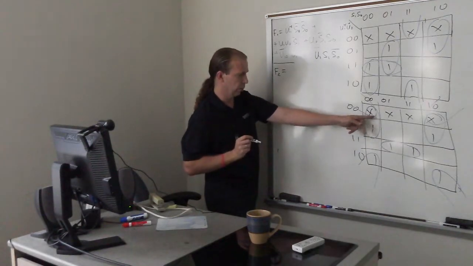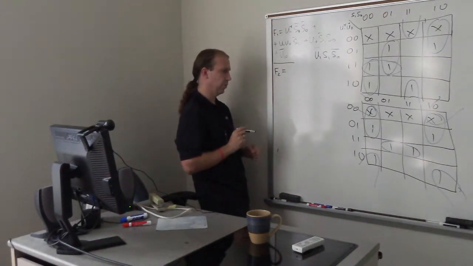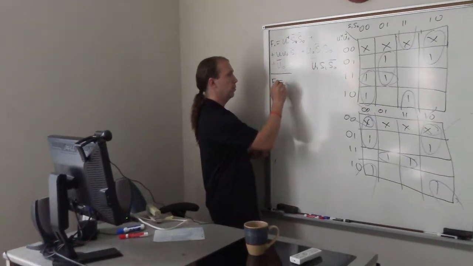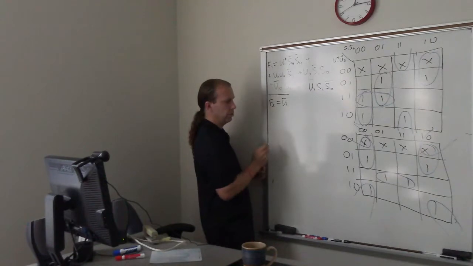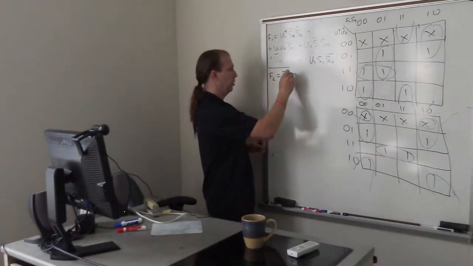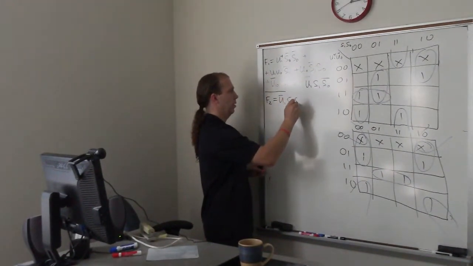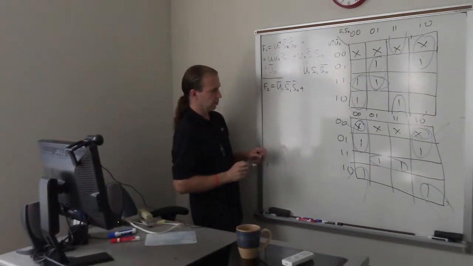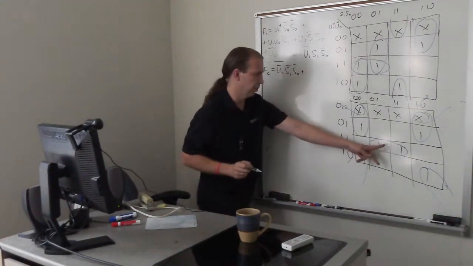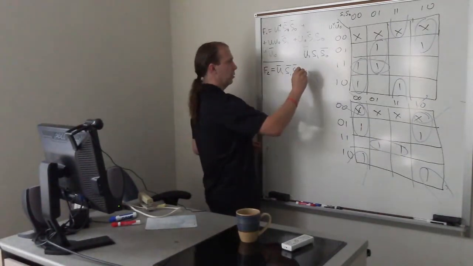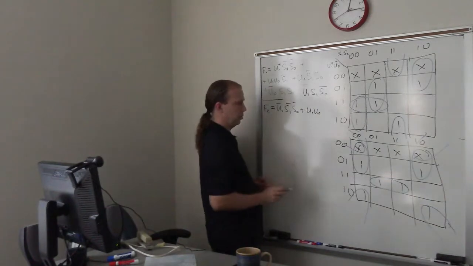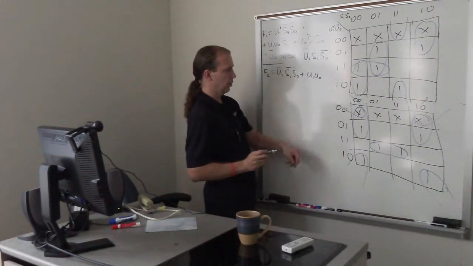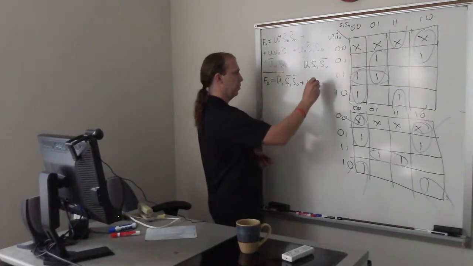Let me start from this small cluster in the top left corner. So it will be U1 inverted and then S1, S0 both inverted. Plus this cluster, U1, U0 without inversion and S0 without inversion.